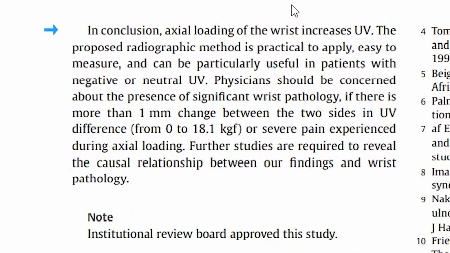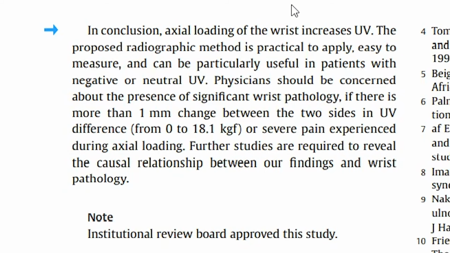When you load the wrist, there's a spreading between the radius and the ulna, in all of us. It's not a very big spread if your TFCC is normal. Ulnar variance increases when there is a TFCC tear with load.